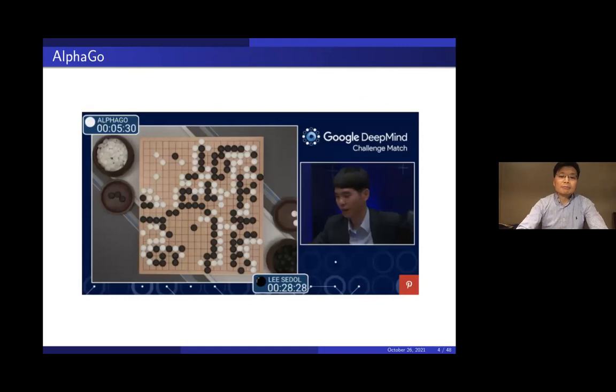In the third example, we can formulate the Go game as a Markov decision process, and the optimal strategy of that Markov decision process satisfies a Bellman equation. So what's really done here is to try to solve that Bellman equation. We can solve it sufficiently accurately so that the strategy beats all humans.